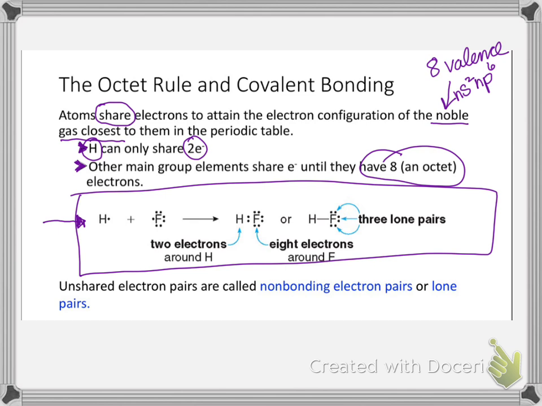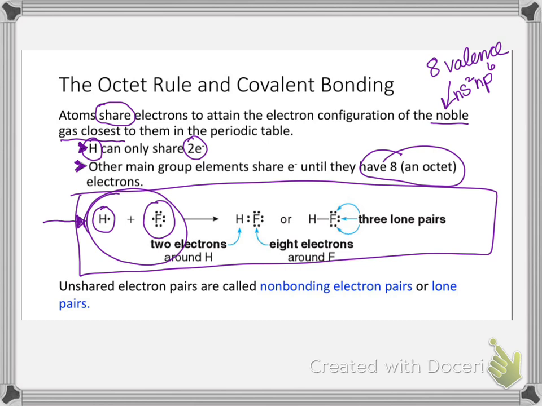I'm going to teach you how to get to the drawing. Right now, I'm not going to describe to you why. So if we look over here on this side, here are 2 separate atoms. There's hydrogen, which has 1 valence electron, and fluorine, which has 7.